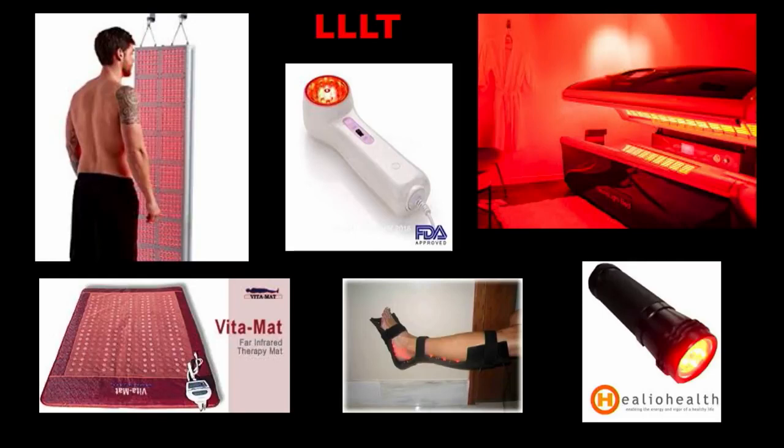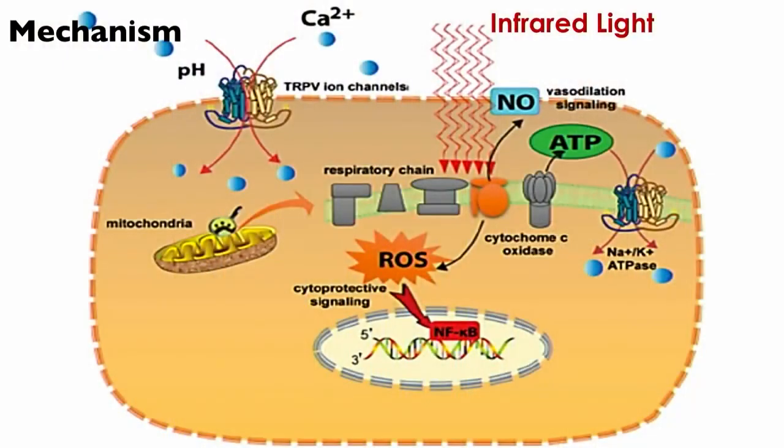It turns out that infrared light therapy has many positive effects on biological tissues. So if we are interested in near-infrared light, it turns out that when near-infrared light shines on the body, it affects the mitochondria, which are the energy powerhouses of the cell.